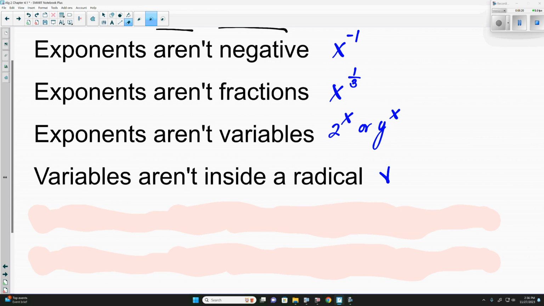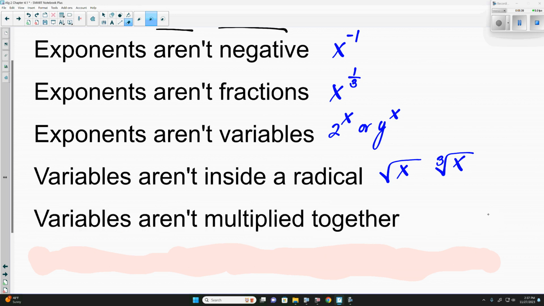Variables are not inside radicals. We can't have the square root of x, the cubed root of x. The variable cannot be inside of a radical. Variables are not multiplied together.